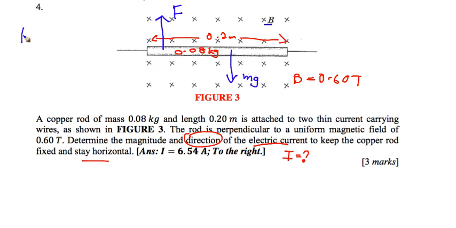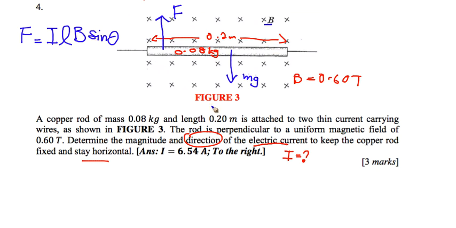The force here is equal to the current flowing in the conductor times the length of the conductor times the magnitude of the magnetic field B sine theta. The theta is the angle between L and B.